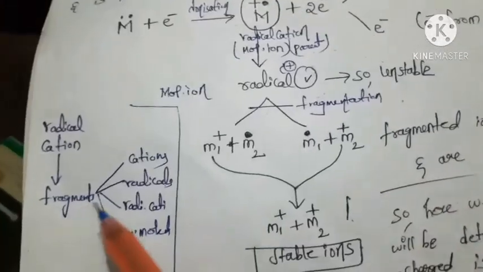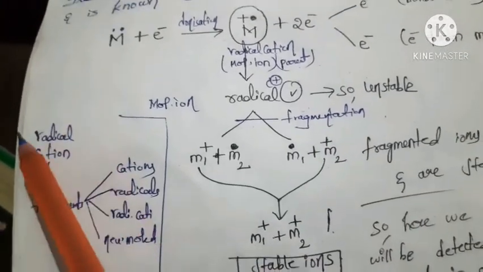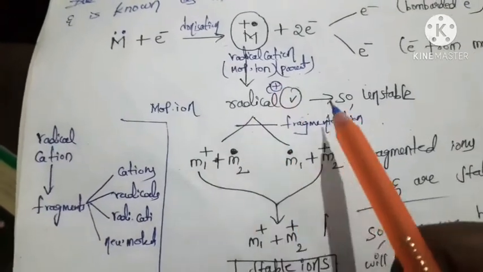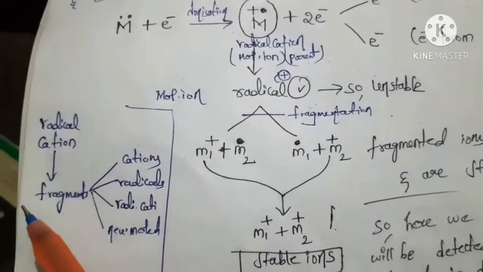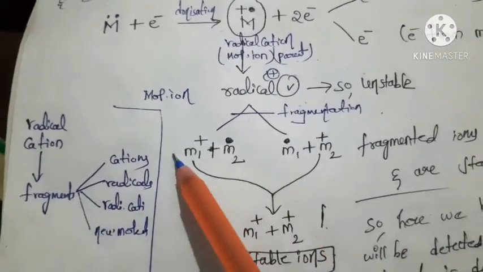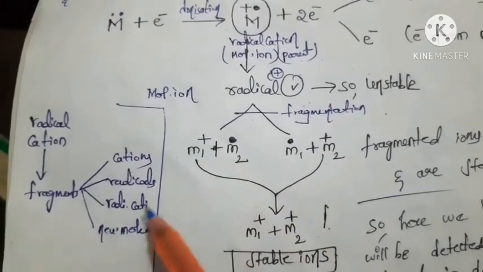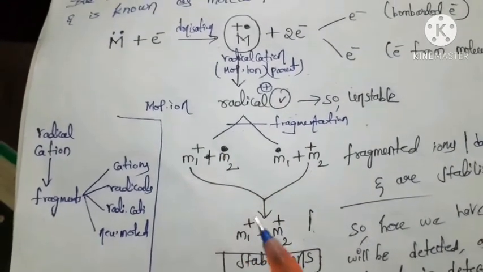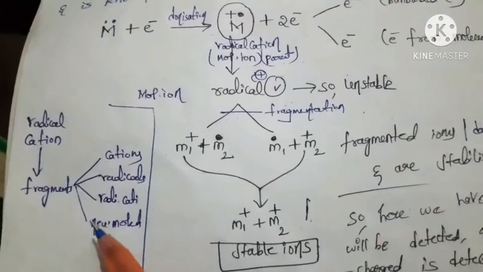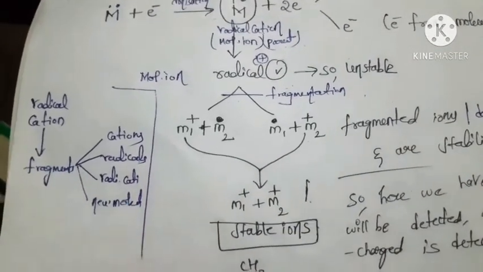Here I have mentioned this: within the radical cation, fragmentation will occur, so that fragments will be formed. Those fragments may be cations, radicals, radical cations or neutral molecules. So any type of ions or radicals may be formed after fragmentation.